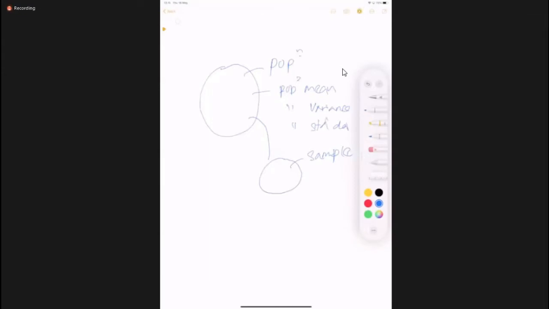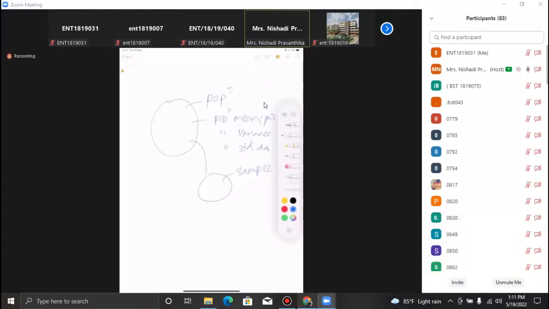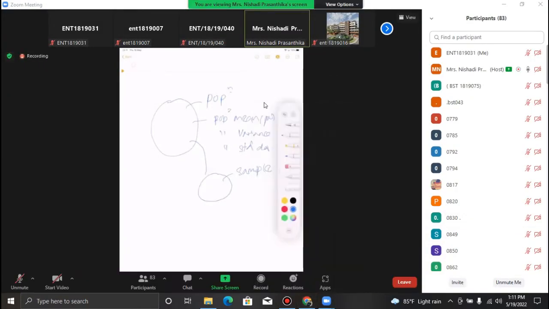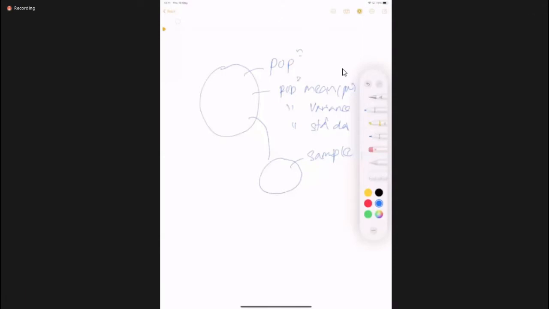Okay. Now, what is the symbol for population mean? The symbol for population mean is mu. That means if you see the symbol mu, you should know that it is the population mean. The symbol for population variance is sigma square.